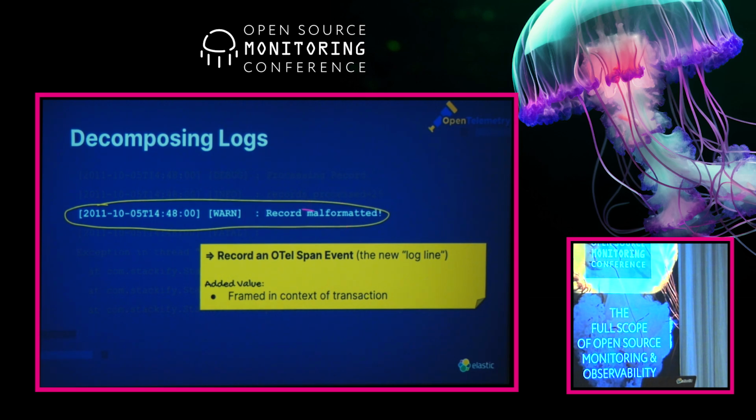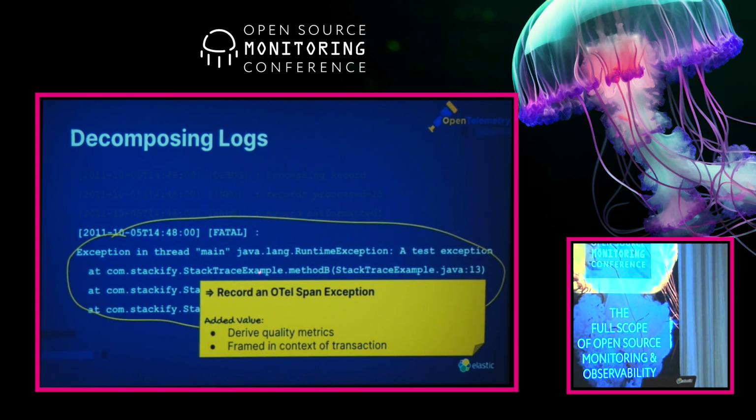Within that method, for example, you might have multiple events, and that's then an OpenTelemetry event, in the context of this entire span and request. You can also attach an OpenTelemetry span exception, where you attach this stack trace to that span.